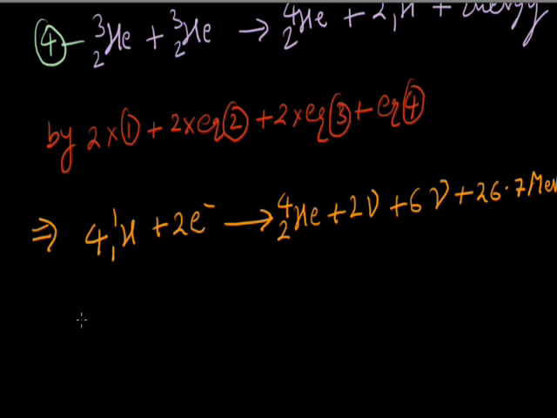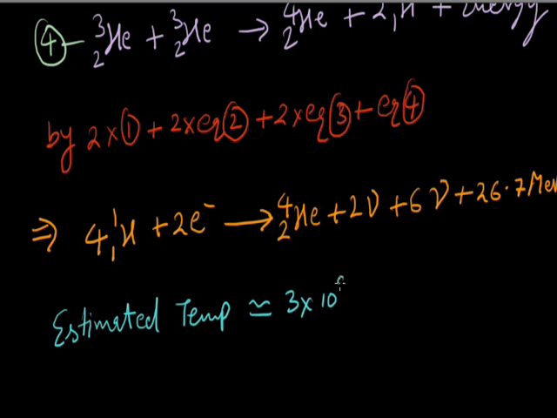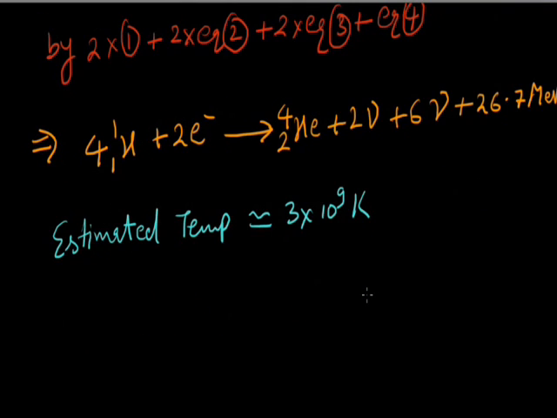The estimated temperature for nuclear fusion is approximately 3 into 10 to the power 9 Kelvin, at which two protons have enough energy to overcome the Coulomb barrier. This energy is not possible other than in the Sun and in an atom bomb.